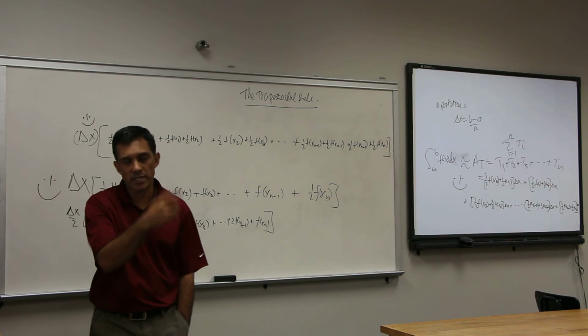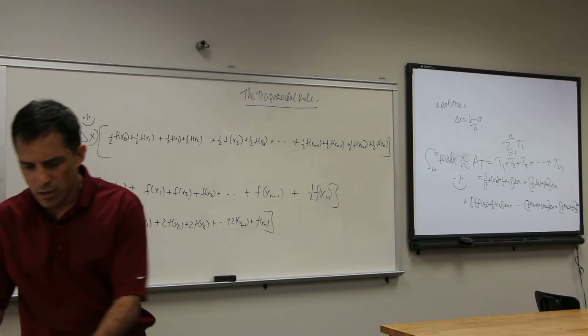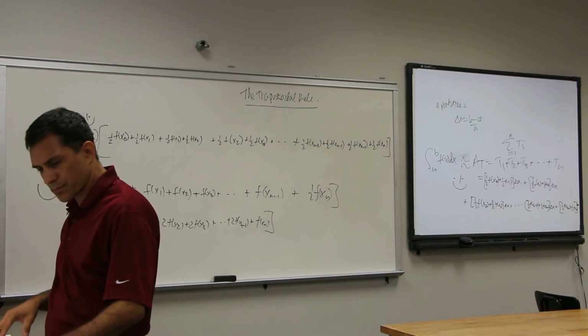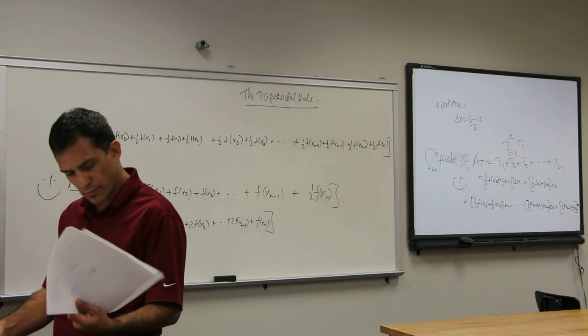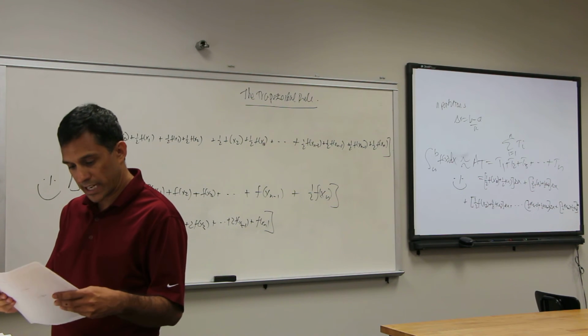All right, let's do an example. Now, let's take a look at this. We need trapezoid 4.